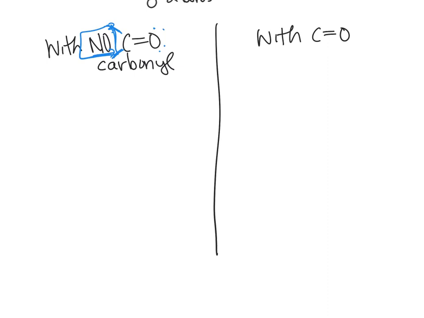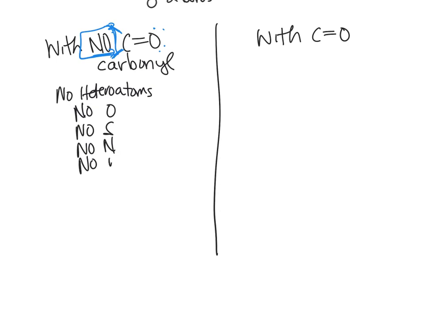If there are also no heteroatoms, so there's no oxygen, no sulfur, no nitrogen, and no halogen, which is fluorine, chlorine, bromine, or iodine. Heteroatoms are atoms other than carbon and hydrogen.